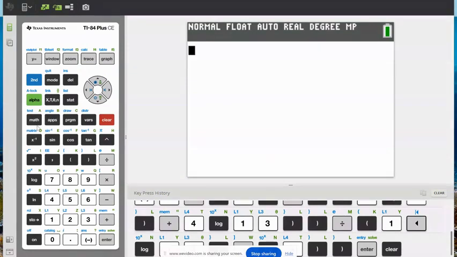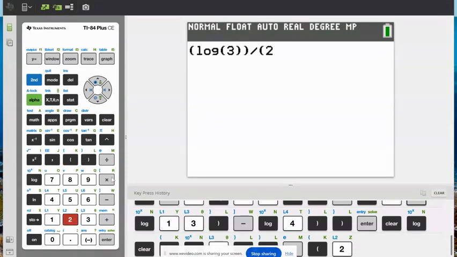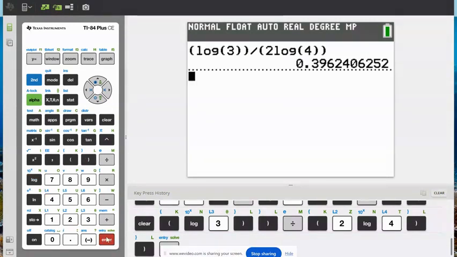So we are log of 3 divided by. Do you guys do what I did? I got this. Where? On the second one or the first one? The first one you didn't.